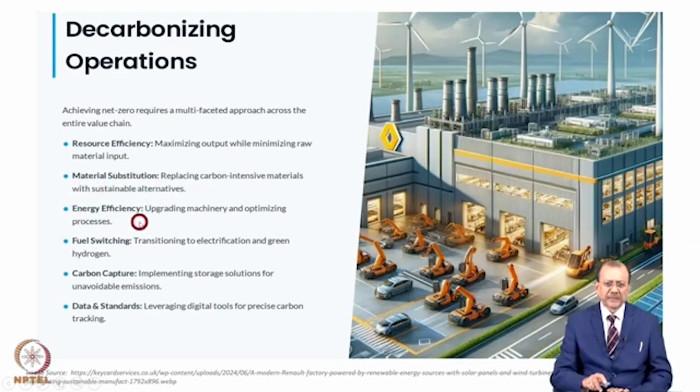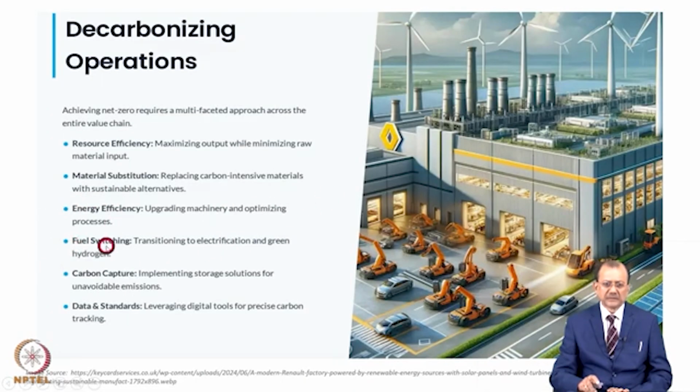Energy efficiency, upgrading machinery and optimizing processes. Machinery also plays a very vital role. What is the configuration of the machine and the processes also plays a vital role. So new concepts of machinery and optimizing the processes. Sometimes we try to re-engineer the processes so that we can develop energy-efficient processes, etc.